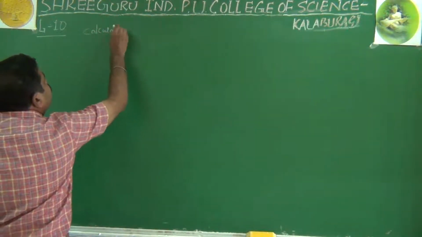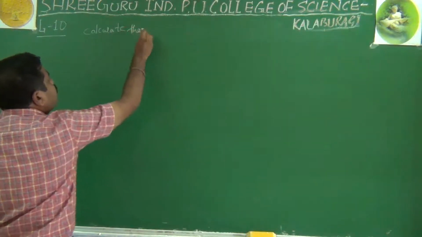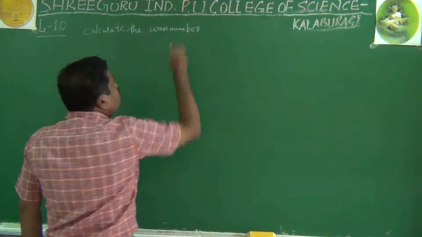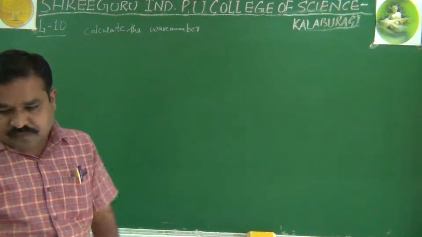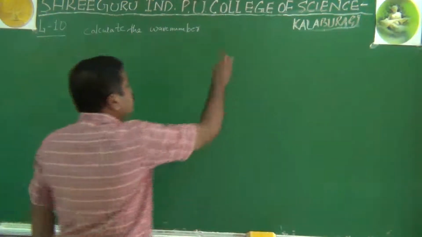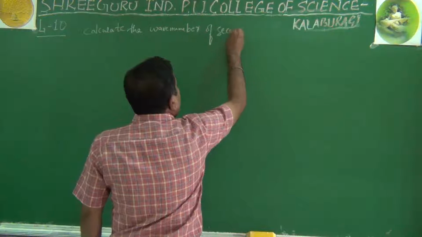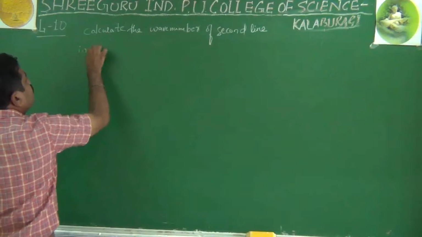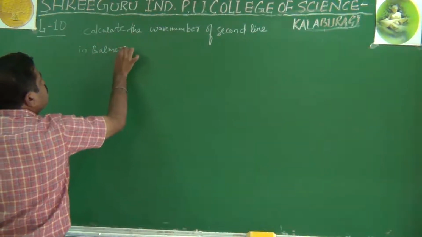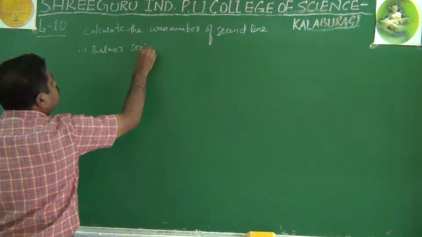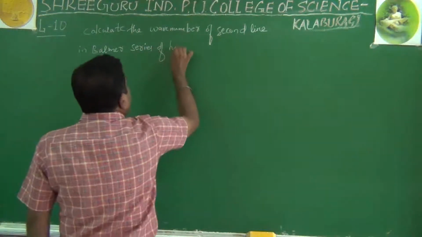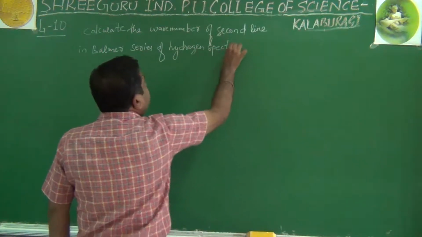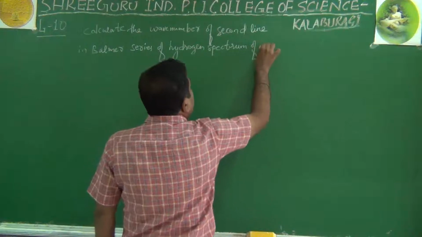Calculate the wave number of the second line in the Balmer series of the hydrogen spectrum of an atom.